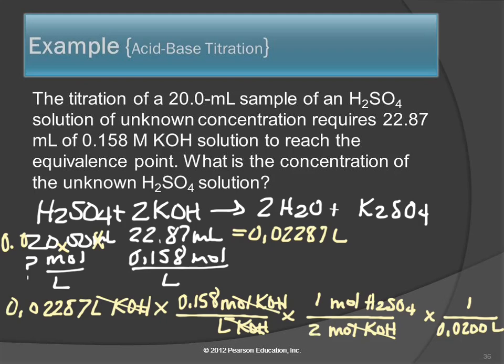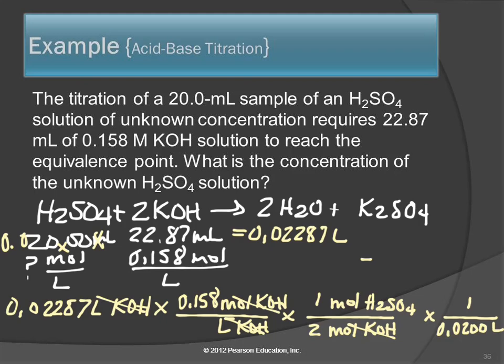Now we've got all of our units and our numbers in there, and we can calculate 0.02287 times 0.158 divided by 2 divided by 0.02 equals.